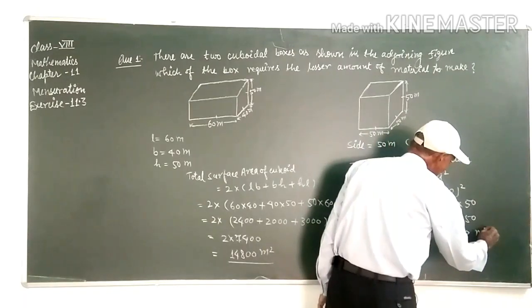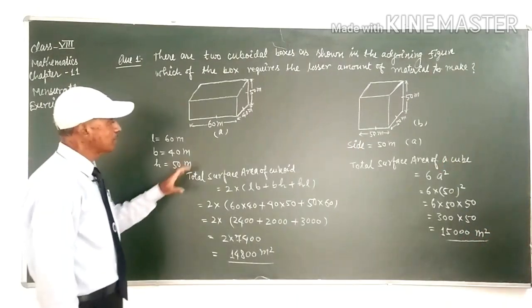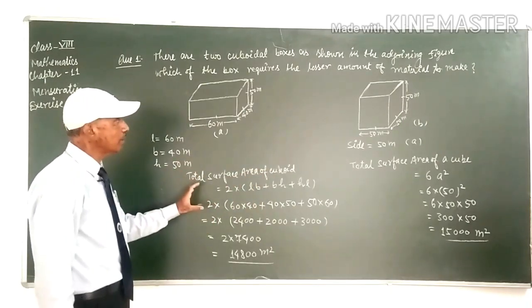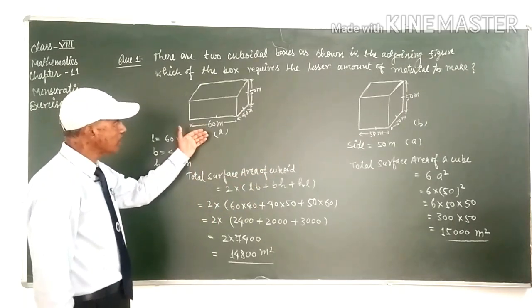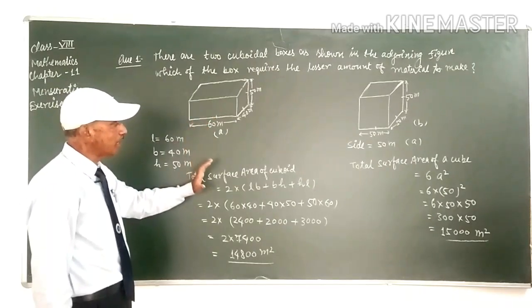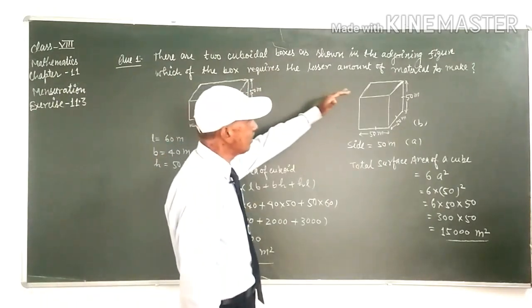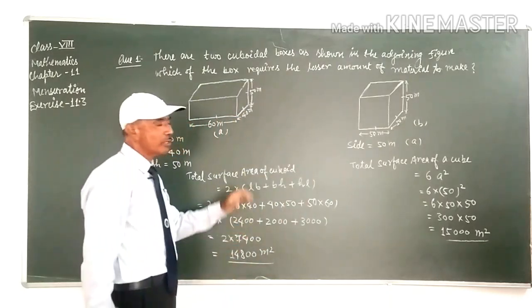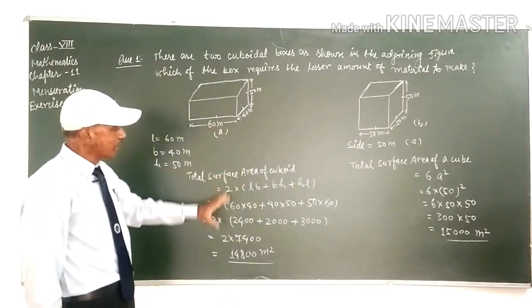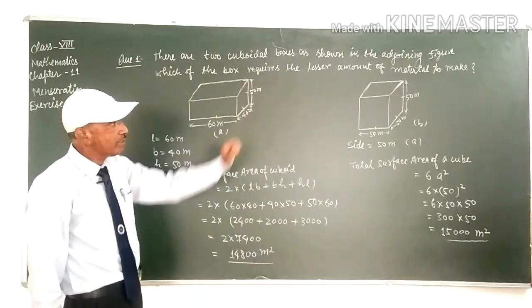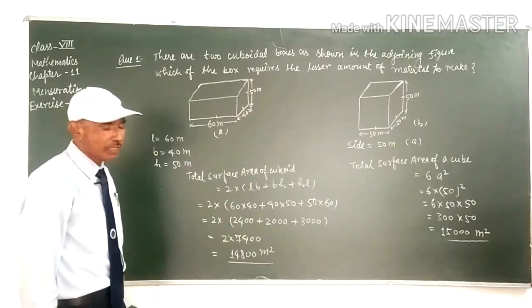This is 15,000 meter square. Observing the total calculation, we find that box A, that is the cuboidal box, requires the lesser amount of material to make, because its total surface area is less than that of the cubical box. Clear, student?